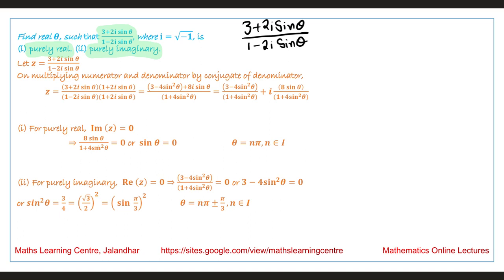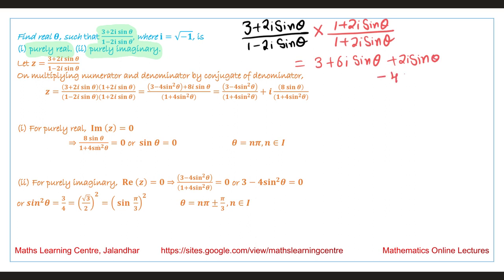If we multiply and divide this term by 1 + 2ι sinθ, the numerator, when we multiply these terms, will become 3 + 6ι sinθ, then plus 2ι sinθ, and then minus 4 sin²θ, divided by 1 + 4 sin²θ.